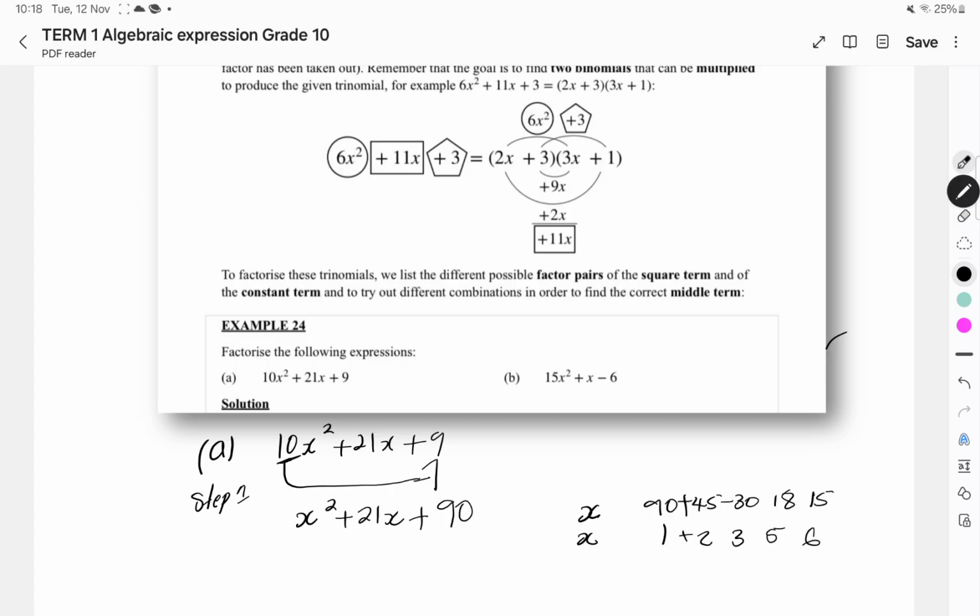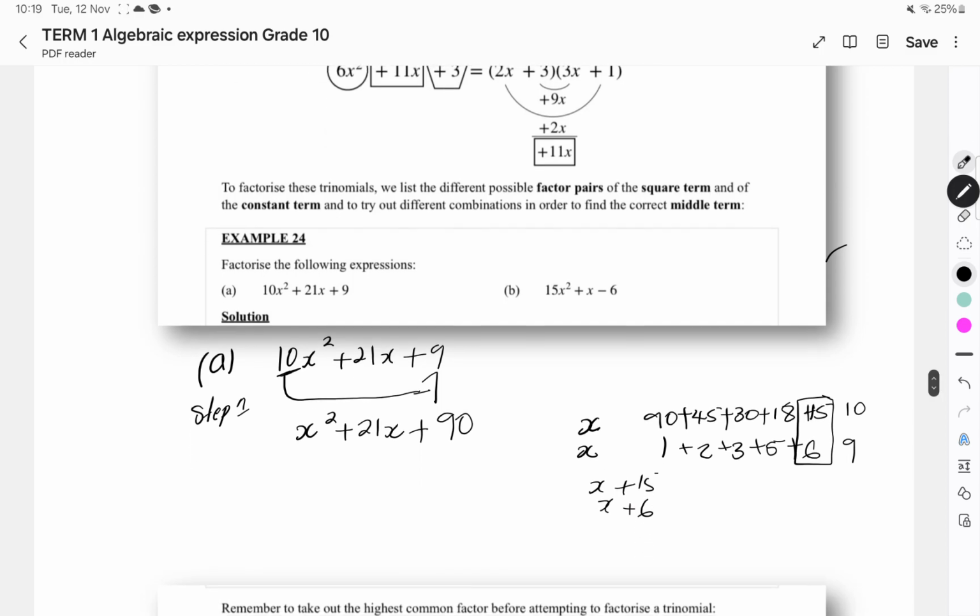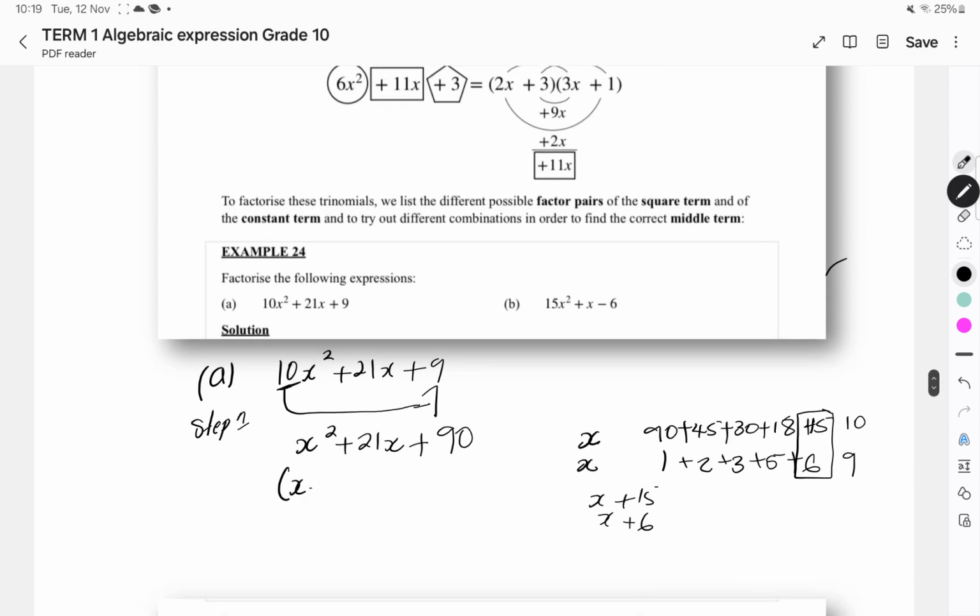All of them are plus. I can also have 10 and 9, but it's already sorted. It's in the middle, 21. So 21 will be x plus 15 and x plus 6, because I get the middle term 21. So I'm going to put this as x plus 15 and then x plus 6.